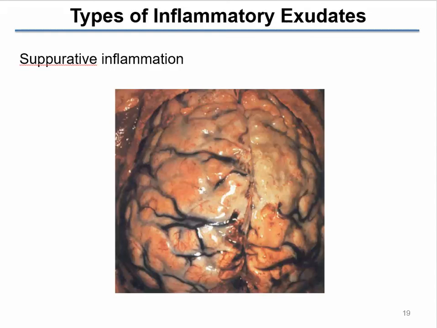And it's probably hard to see here, but this area here has got liquefactive necrosis, and all of this here is suppurative inflammation. This is pus-filled space here. Yeah, and so it's a nasty thing.